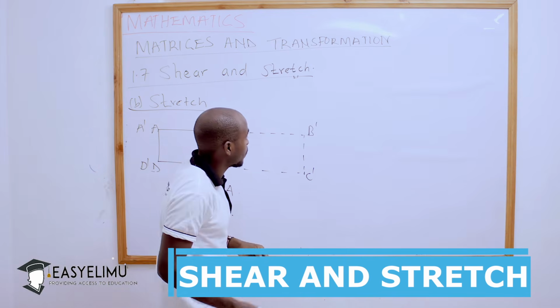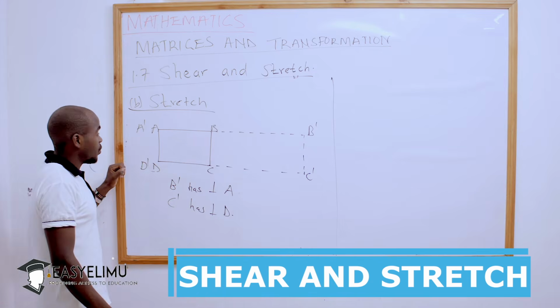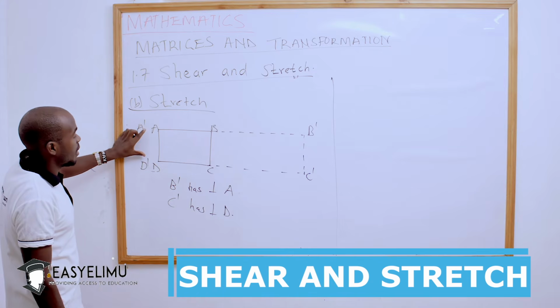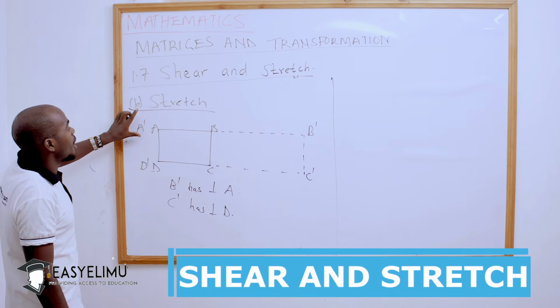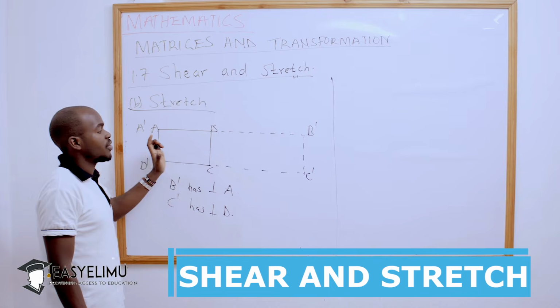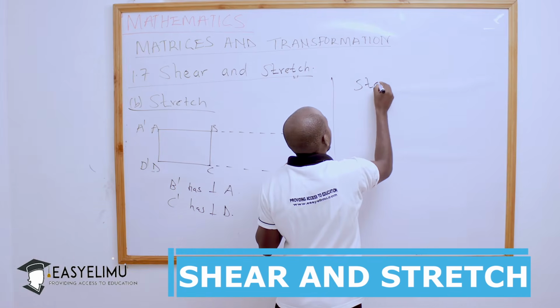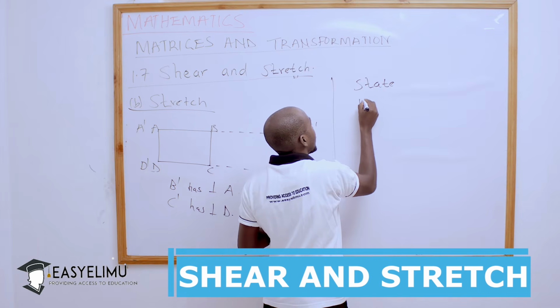So for example, in this case, if we want to describe this stretch here, you will say this is a stretch, and you will also state the invariant line.